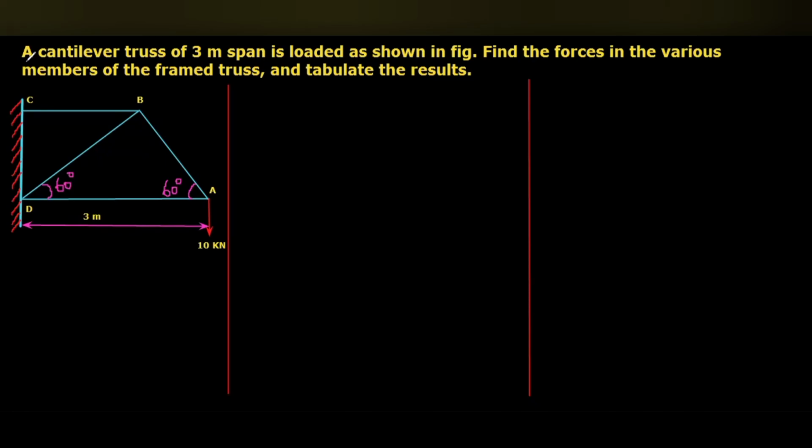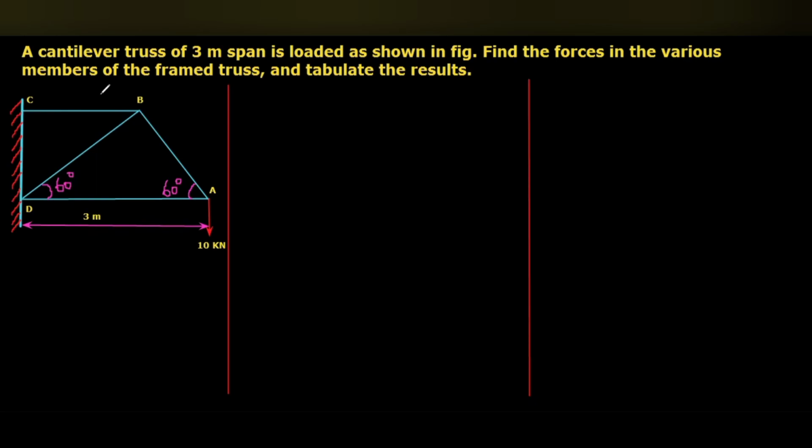Today's class we are going to discuss a numerical on the topic analysis of perfect frames. Here there are two methods, method of joints and method of sections. In the previous video, the same numerical we solved by using method of joints.